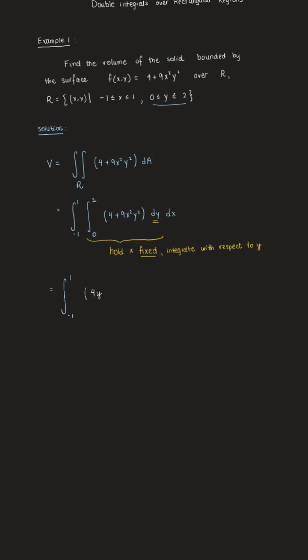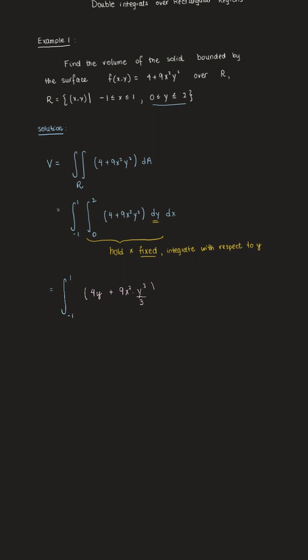And the antiderivative of 9x squared y squared, well, if we're thinking of x as being fixed, 9x squared is considered our constant. And so I'm going to leave that 9x squared, and then we integrate y squared, which will be y cubed over 3 using the power rule.